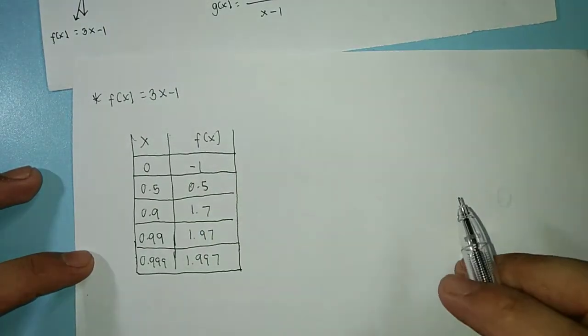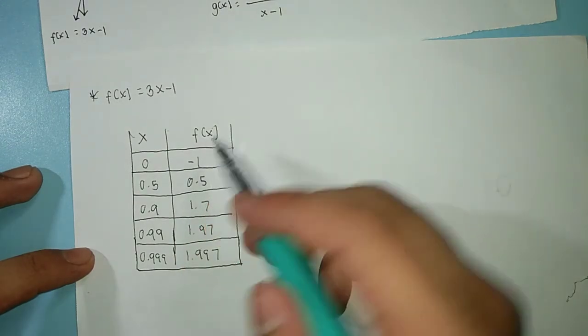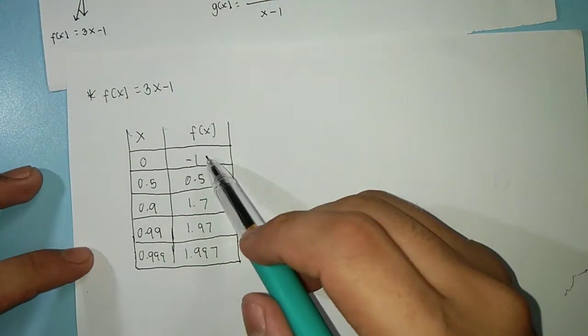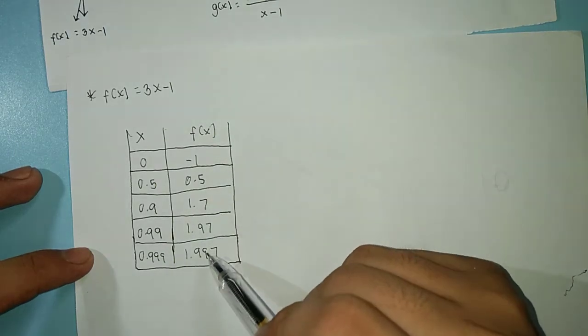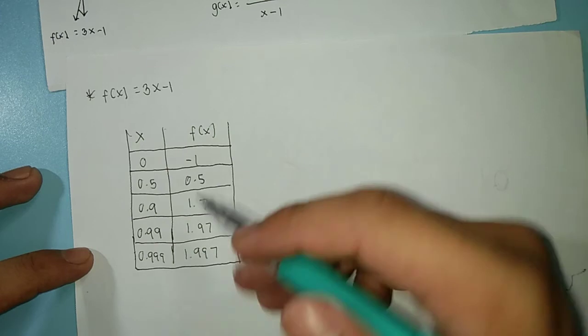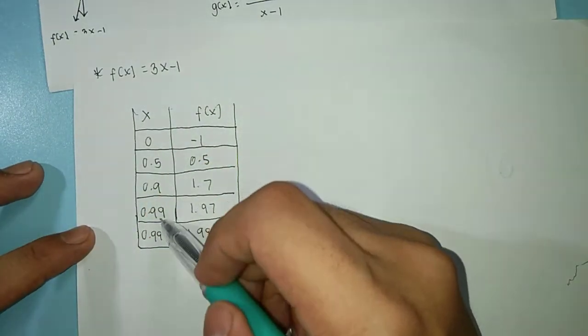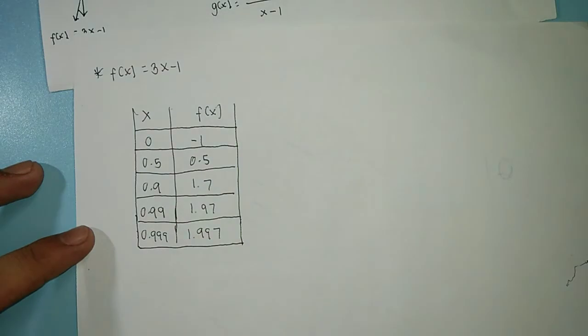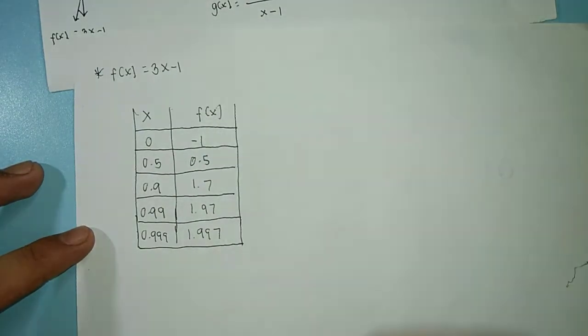Now, let's observe the behavior of the values of f of x. Kung mapapansin nyo, from negative 1, naging 0.5, 1.7, 1.97, 1.997. So kung mapapansin nyo, as x approaches 1, mula dun sa left side, yung values ng f of x natin saan nag-a-approach?